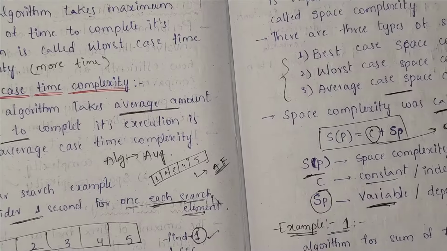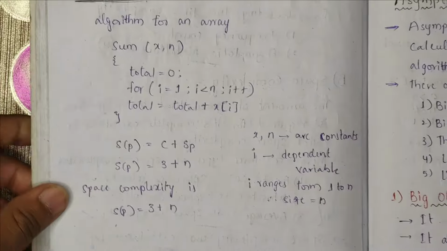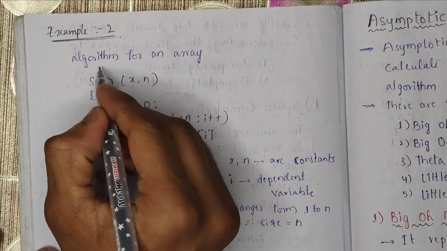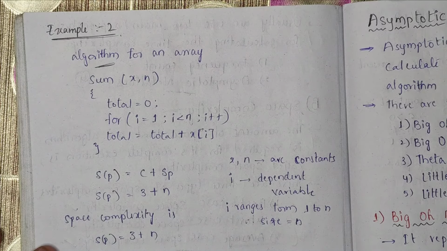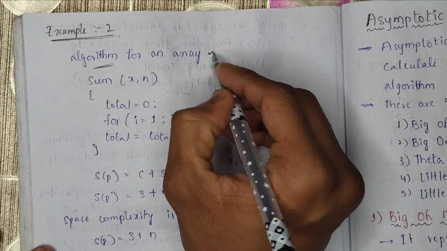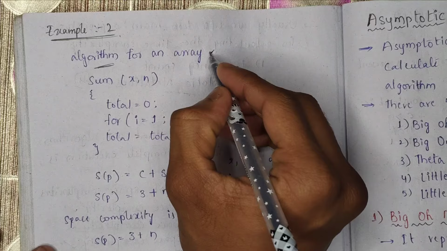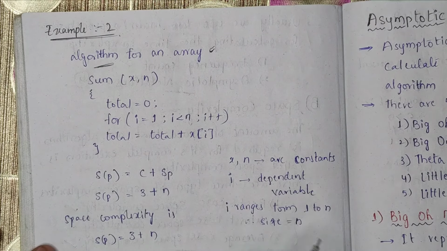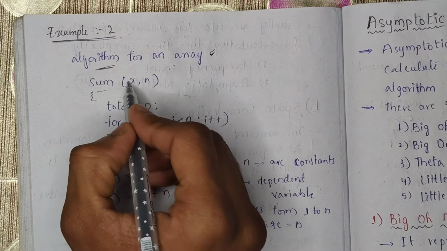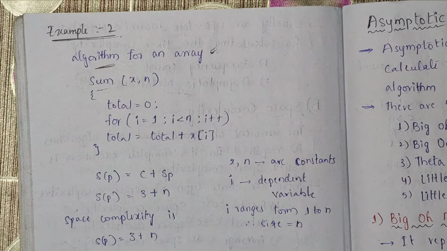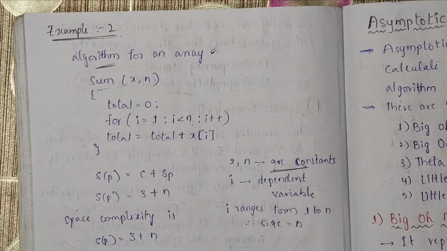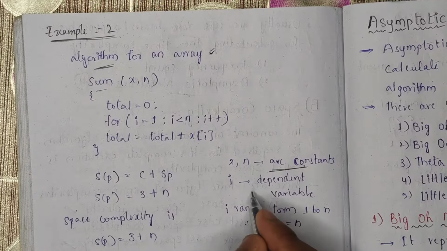About variables, you can understand in a clearer manner in the next example, an algorithm for an array, to find, sort or just display an array. Here sum is a function with x comma n, both constants. We also need an independent variable.